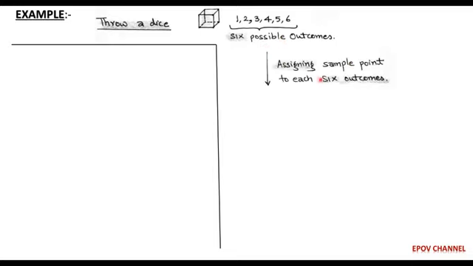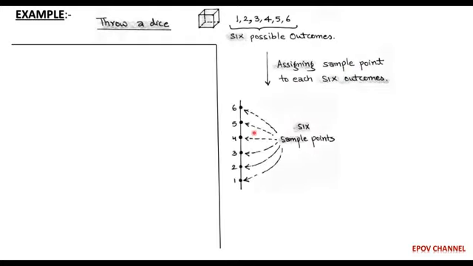So in the experiment of throwing a dice, there are 6 possible sample points. Also, we can arrange these 6 sample points in one-dimensional space, that is along a straight line in increasing order. So the combination of all sample points constitutes a one-dimensional sample space denoted by capital S.